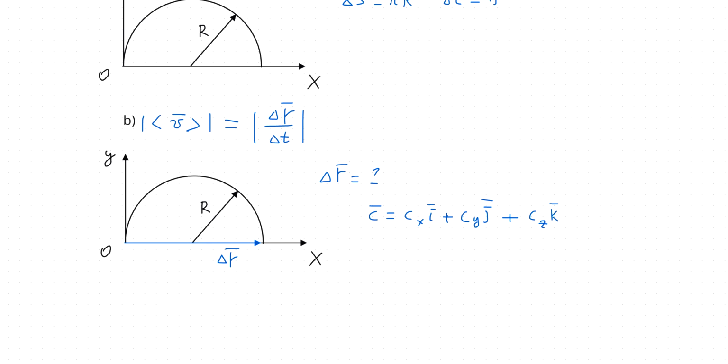So it is necessary to write delta r in this way, with components of the vector and with orts i, j, k.